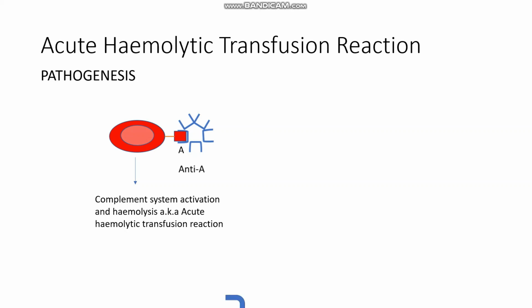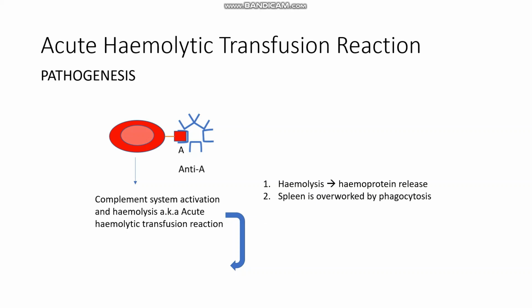The hemolysis results in hemoprotein release. Normally speaking, hemoprotein scavengers such as haptoglobin and hemopexin will act to limit the circulating levels of free hemoglobin, potentially toxic species that are released from injured red blood cells. The spleen, which is in charge of dealing with old or damaged red blood cells, is currently overworked by phagocytosis.